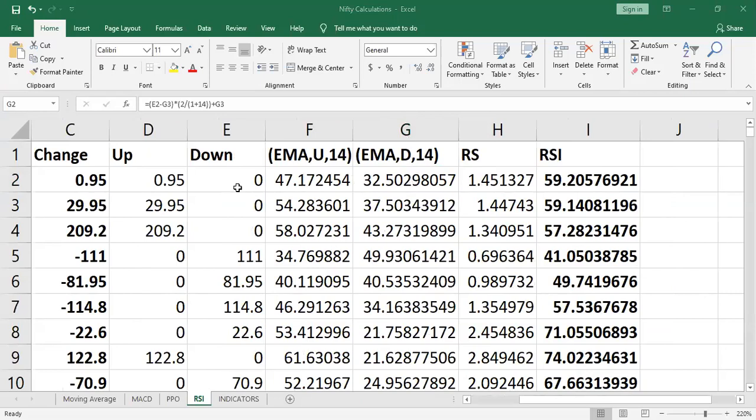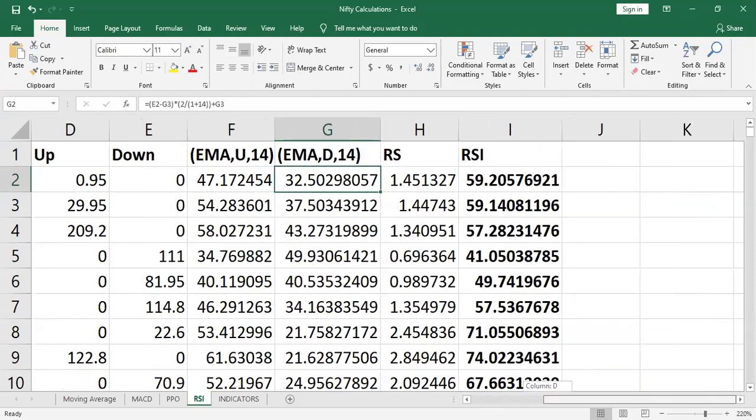Same formula for downward is here to calculate the more accurate value.